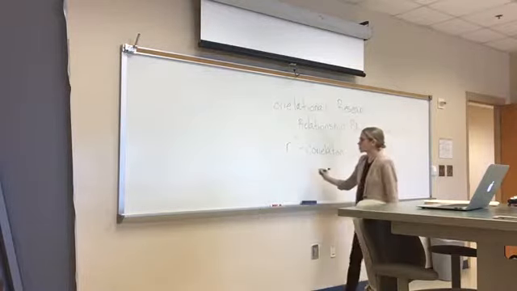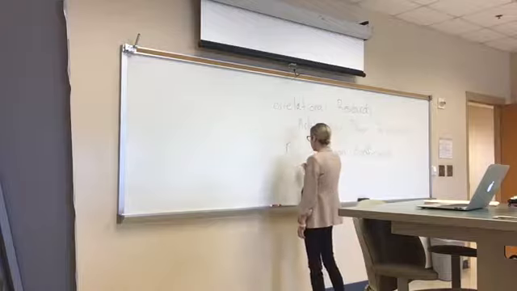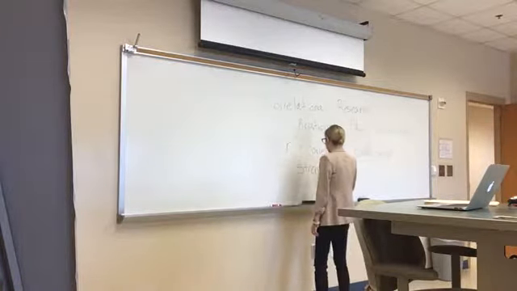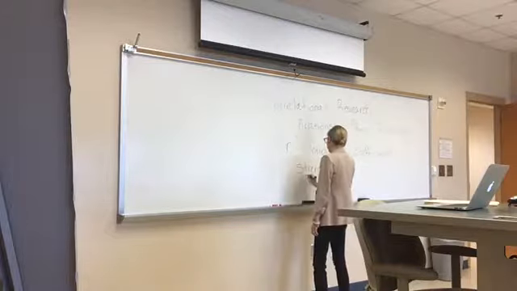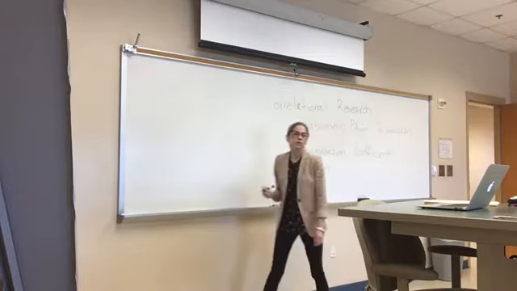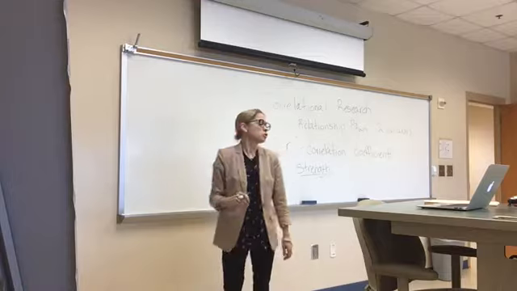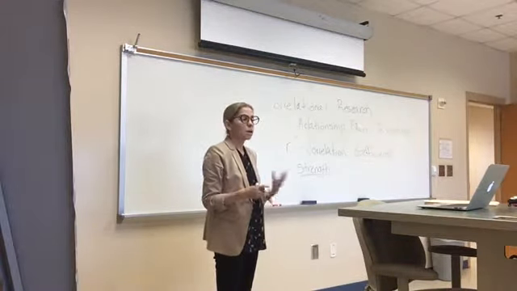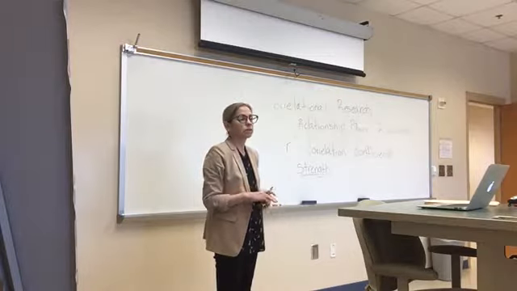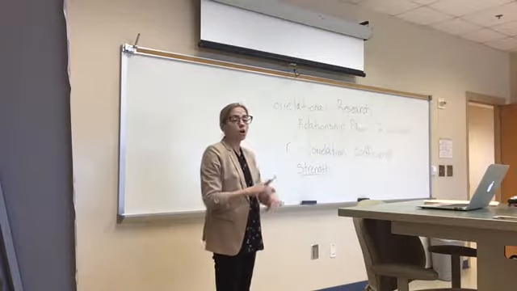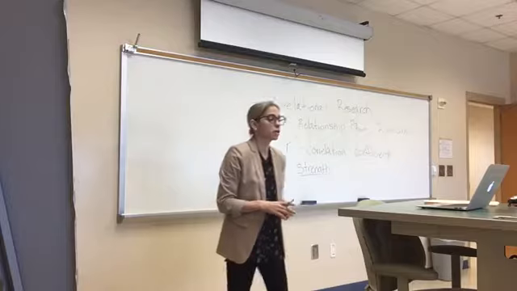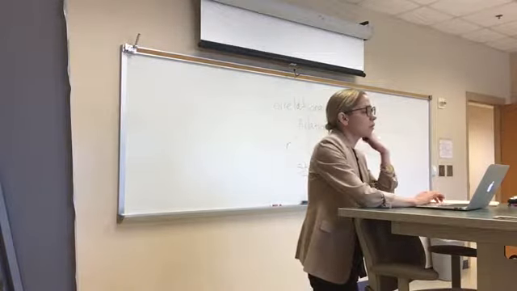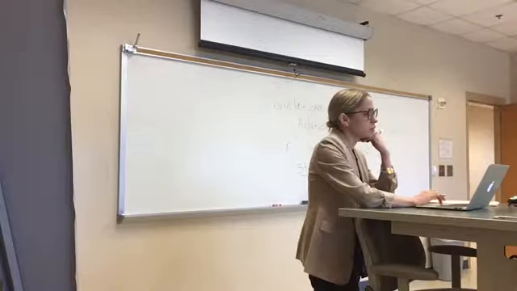And R, small r, tells you the strength of the relationship between the variables. So they could be strongly correlated, weakly correlated. They could have no relationship, no correlation. And that's what we're going to know from the value of R, from that correlation coefficient.